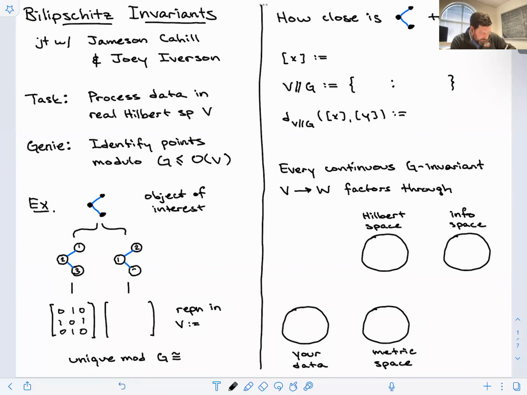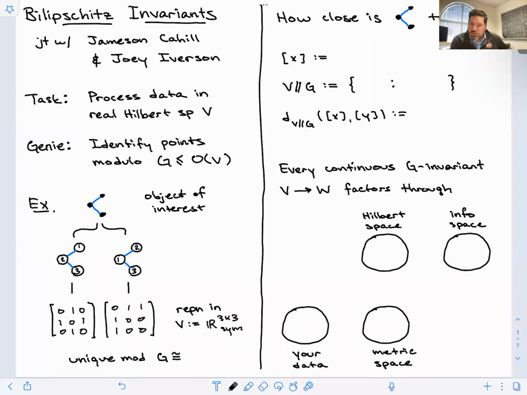So I could have labeled the vertices in a different way and end up with a different adjacency matrix, okay? Both of these adjacency matrices are members of a real Hilbert space, specifically the 3x3 symmetric matrices. And they represent the same simple graph.